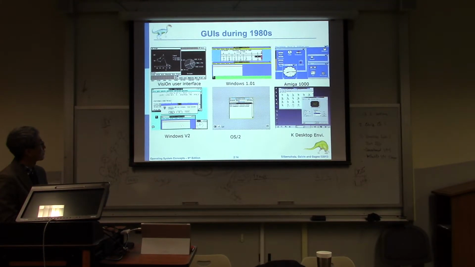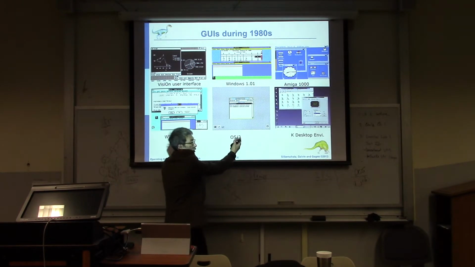Probably you don't use this one, but OS/2 is IBM's personal computer operating system. It was true, and still everybody agrees, the OS/2 is much better than Windows. But during the 1980s and 1990s, Microsoft and IBM competed with each other.